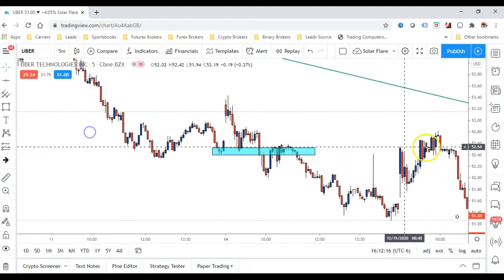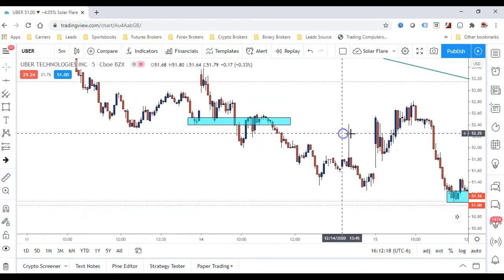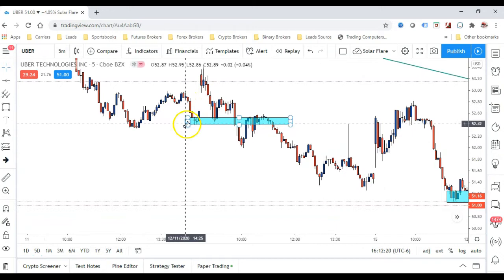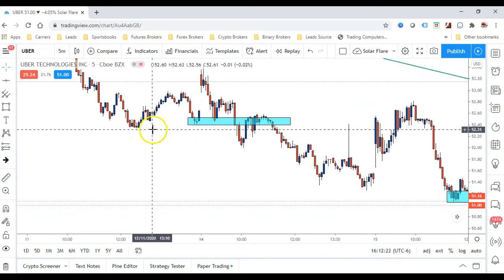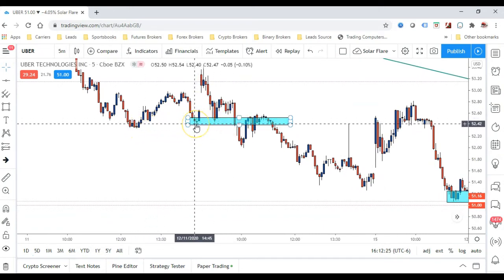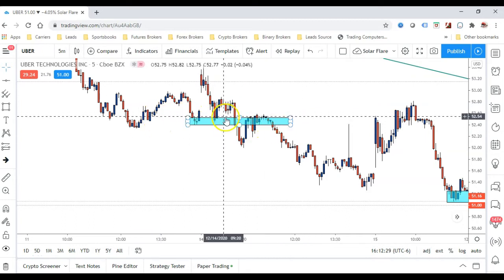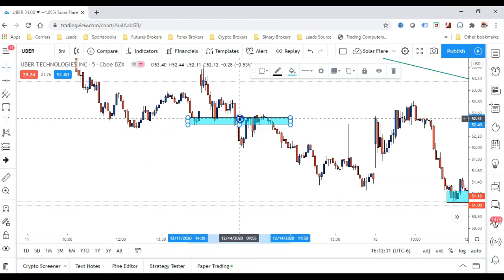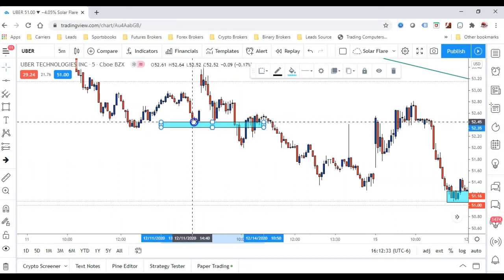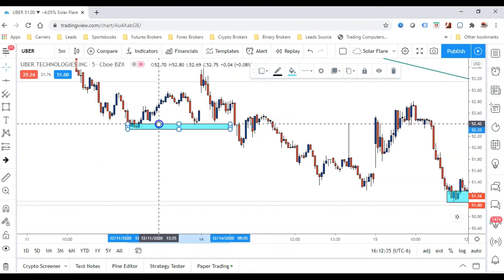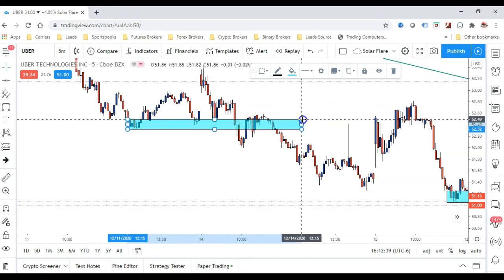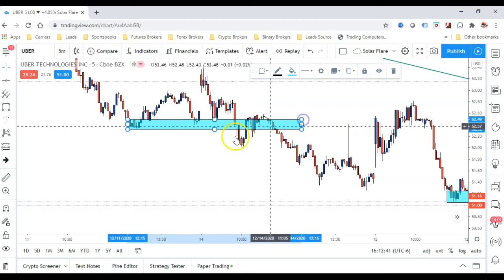All right, here we go. So we got it here. We got our support, our swing low, as we set up right here. It came down, it supported it. See that candle.